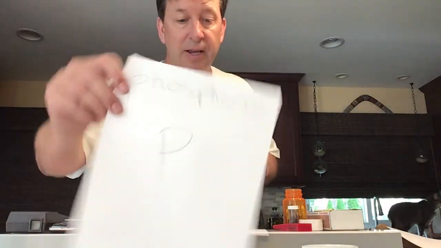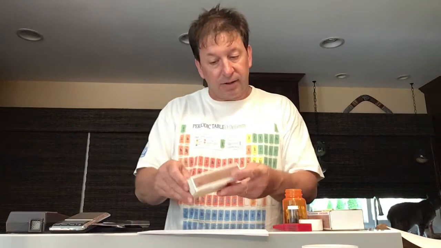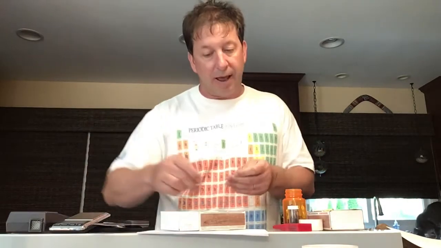Phosphorus, our next element, is a nice one. The symbol is P, phosphorus P. And phosphorus we can see on the end of matches. So if we look at the end of a match, there's a little bit of a white tip at the end. The white tip is phosphorus. Unfortunately, we don't have any other kinds of matches. There are also matches that have red, and the red at the end is also phosphorus.